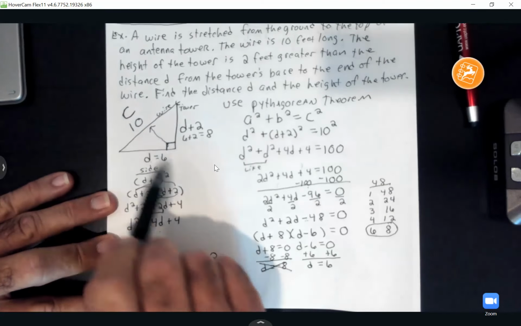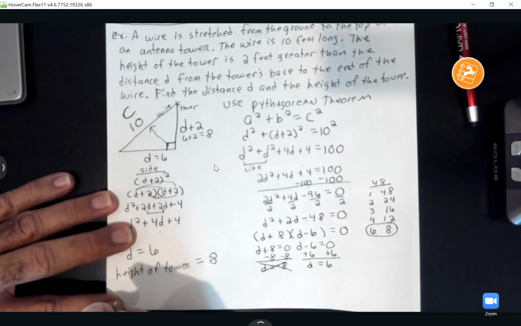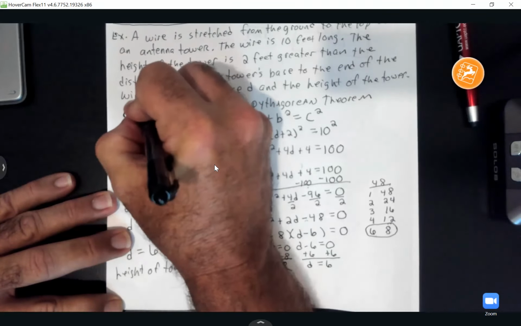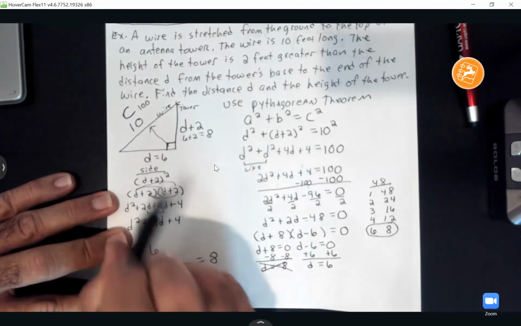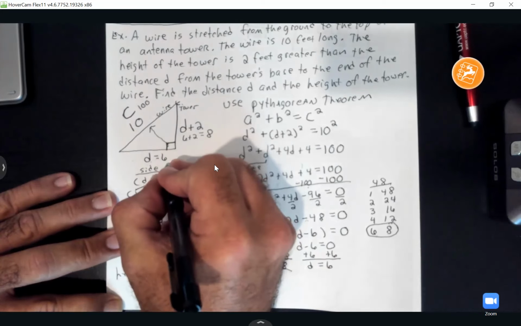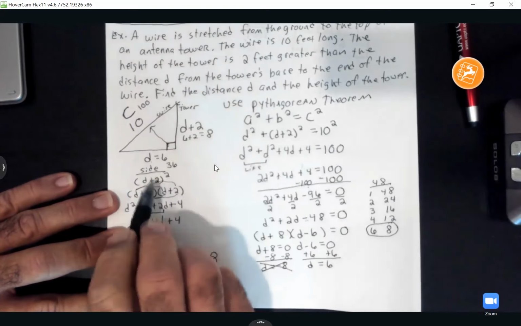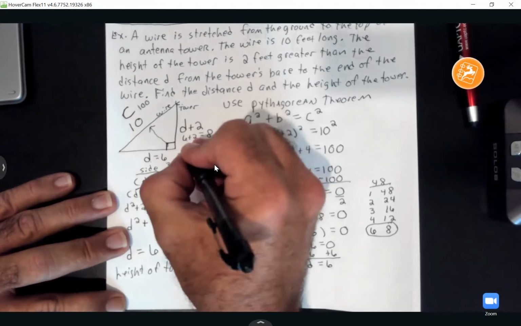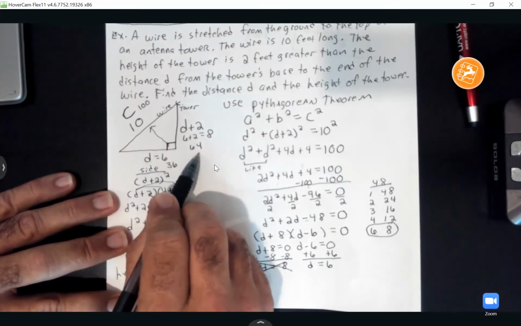Then y'all watch this. If you want to check yourself, what does 10 squared equal? 100. All righty. What does 6 squared equal? 36. And then how about that 8? 8 times 8, 64. And y'all look at this. 36 plus 64 is 100.